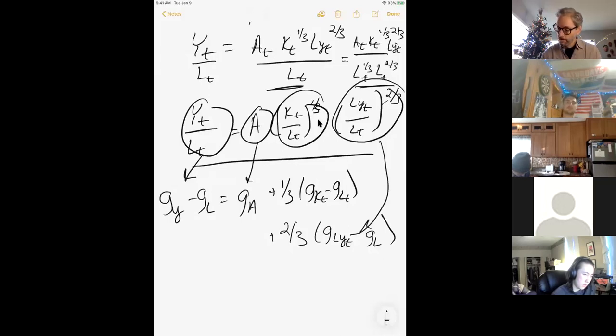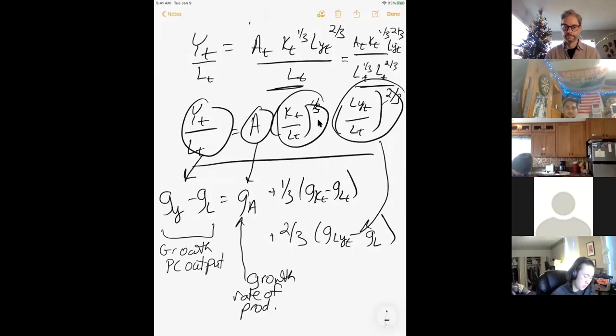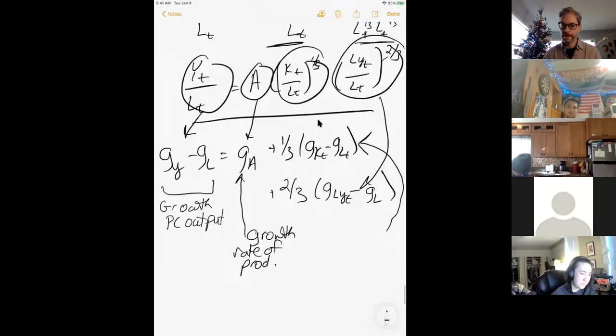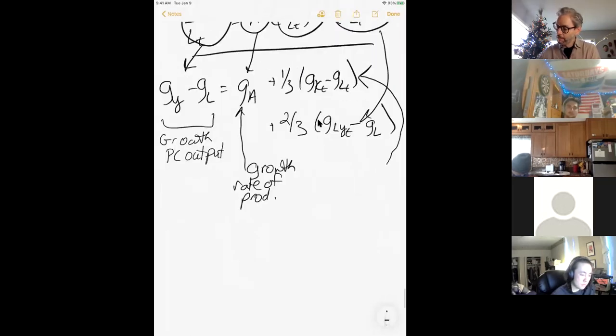Okay. So this is the growth rate of per capita output. This is the growth rate of productivity. This is getting very busy, but this is the growth rate of capital.